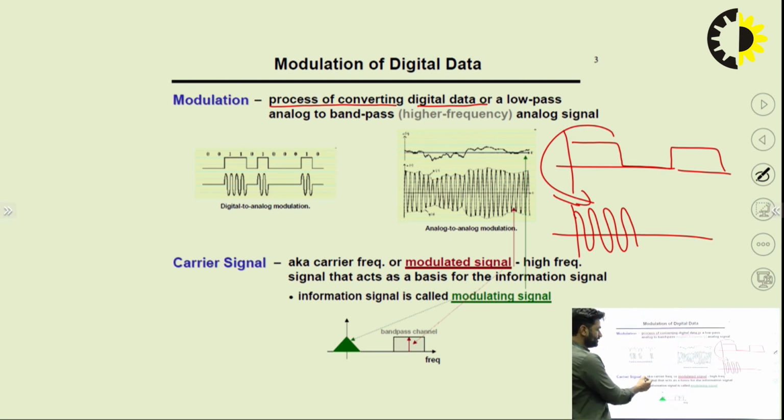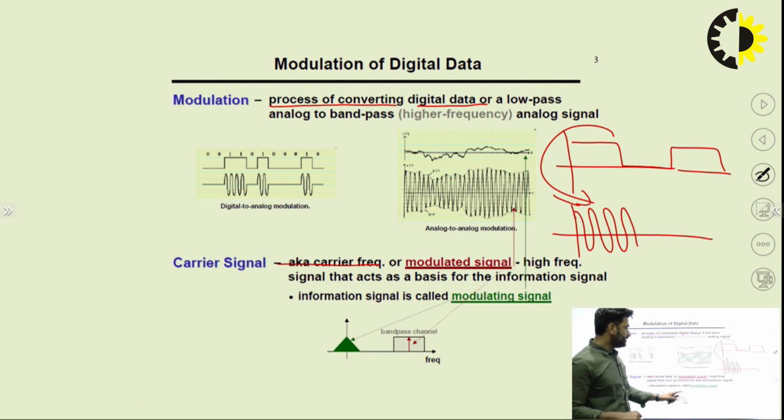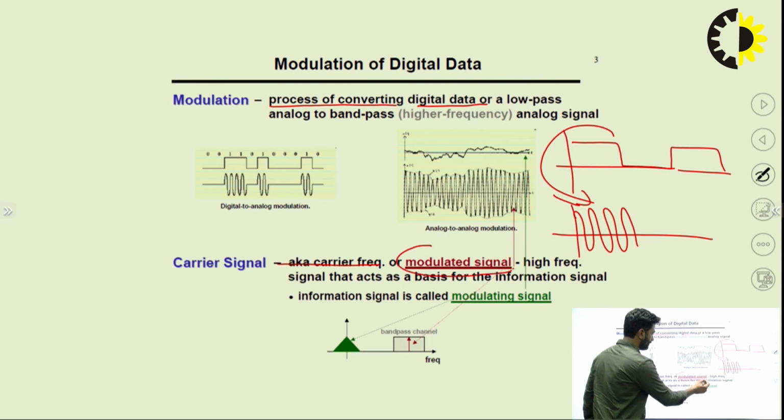The carrier signal can be varied with respect to frequency, amplitude or phase. We can vary the properties of the carrier signal. The carrier signal is a high frequency signal. It will carry our information, our data, and if we mix the modulating signal with this carrier signal, it becomes the modulated signal.